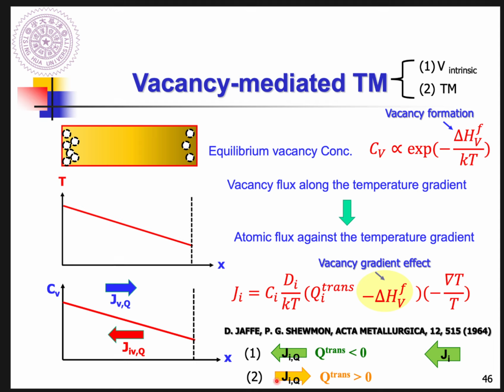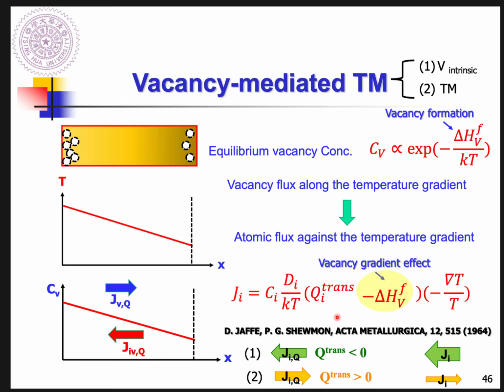And this atomic flux driven by thermal migration has the opposite direction to the atomic flux driven by different vacancy concentration. So I use this yellow one minus the red one. I sum them together, so the final atomic flux driven by both effects will move to the right-hand side.